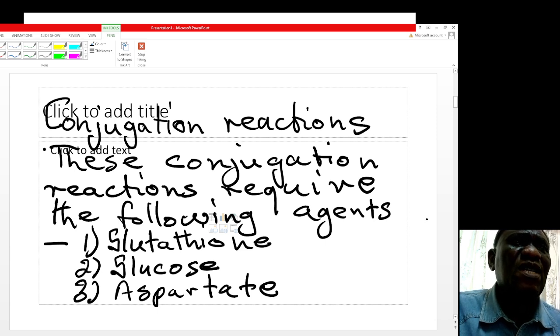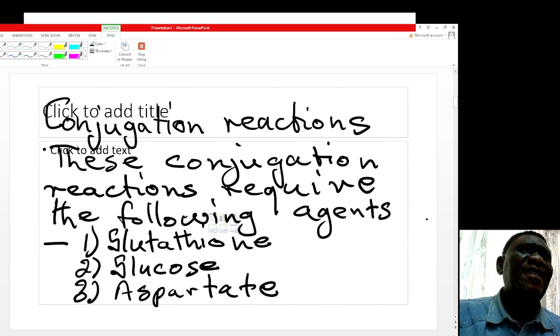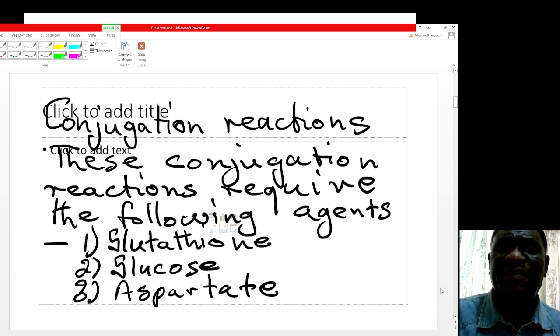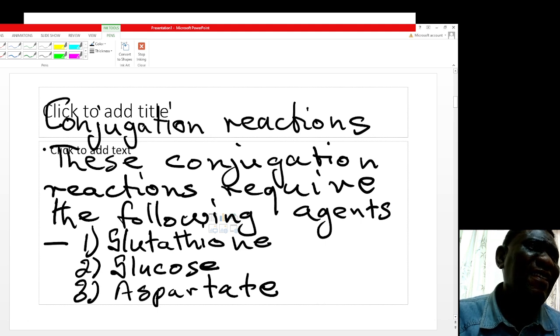So we are going to start with the glutathione activity in the cells.